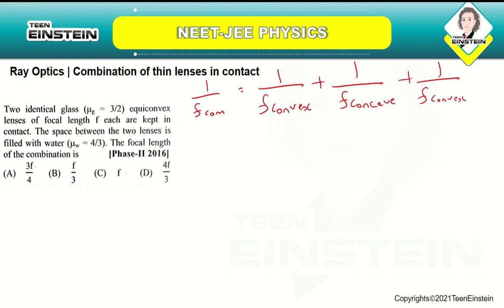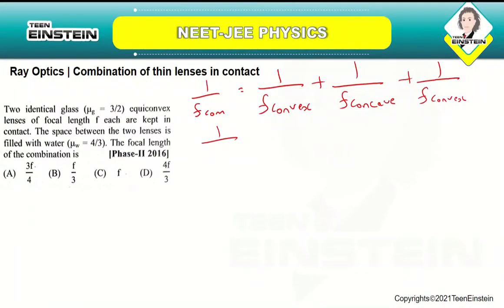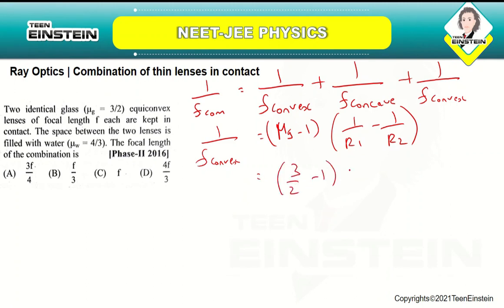So, we know by the lens maker's formula, 1 by f convex is equal to mu g minus 1 into 1 by r1 minus 1 by r2. Okay. So, here they have given you the mu g value as 3 by 2. So, it will be 3 by 2 minus 1 into 2 by r.